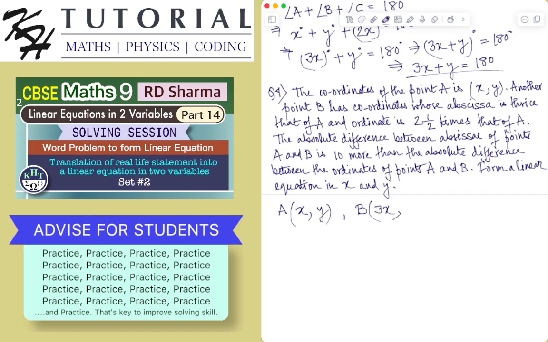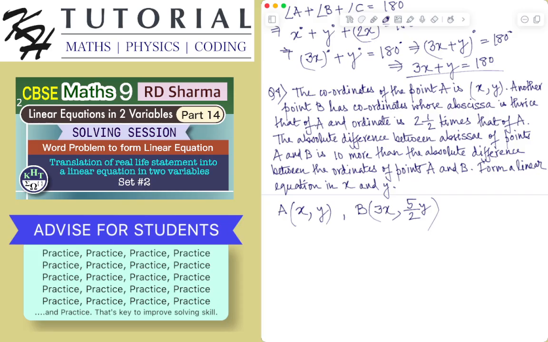And the ordinate is 2.5 times, 2.5 times means 5 by 2 that of A. That is, the ordinate of B is 5 by 2 times the ordinate of A. So it will be 5 by 2 y. Now it is saying the absolute difference between abscissa of points A and B. The absolute difference between abscissa of points A and B means, what is the difference between the abscissa of A and B?